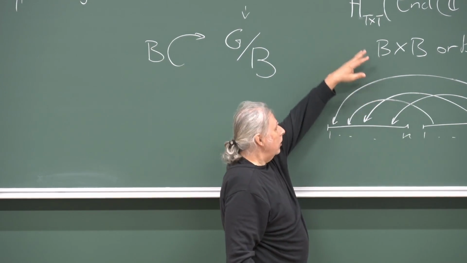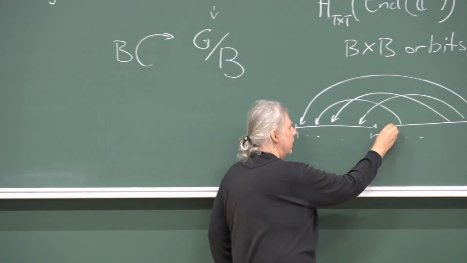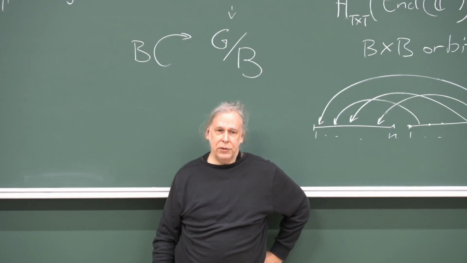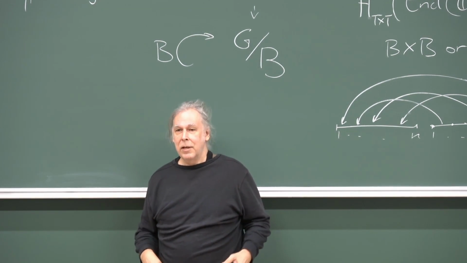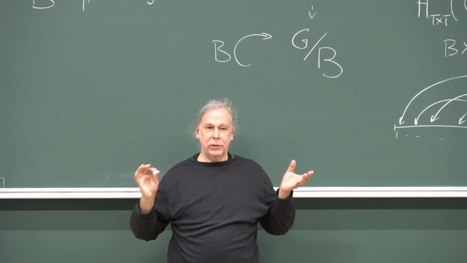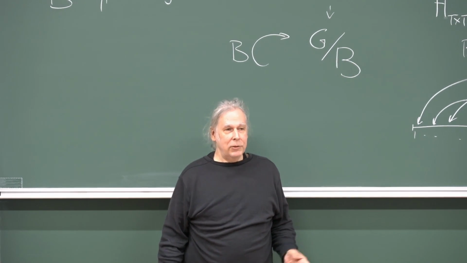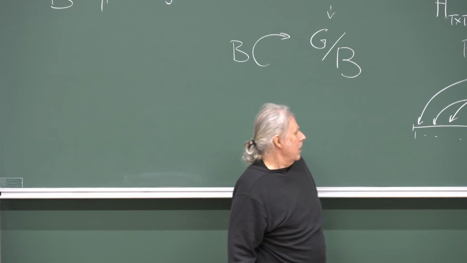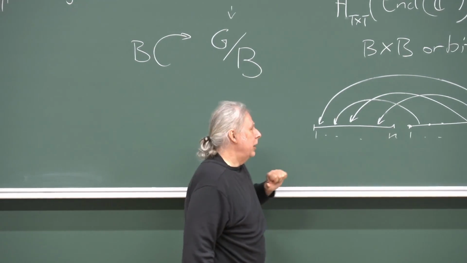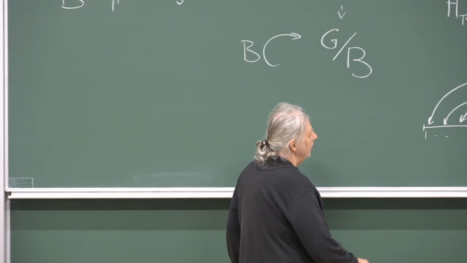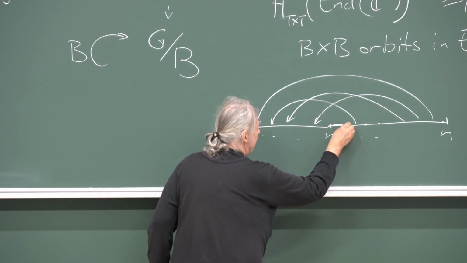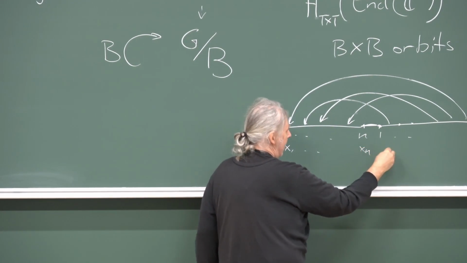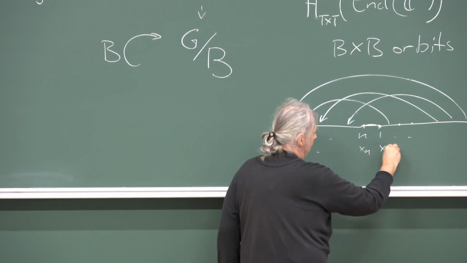And if you go to the closure, some entries can be omitted, because there is a generalization of the Bruhat decomposition that every matrix, up to the double action of the Borel group, can be represented by a matrix that has only zeros and ones and corresponds to some partial permutation. And I go further. I just join this. So here you have x1 to xn, and then other variables, but I will call them x(n+1) to x2n.